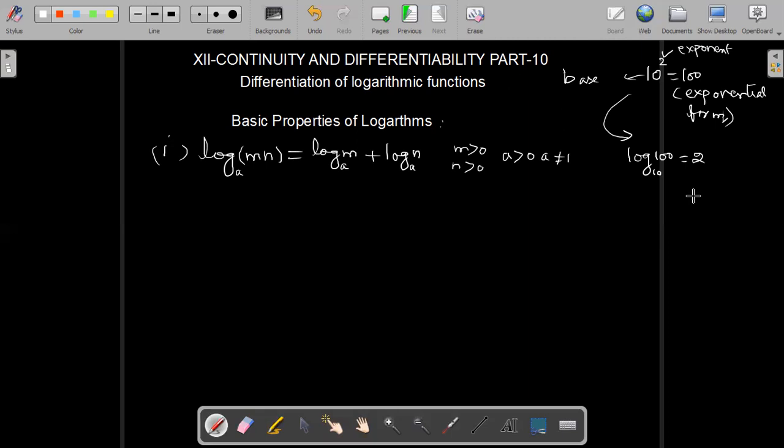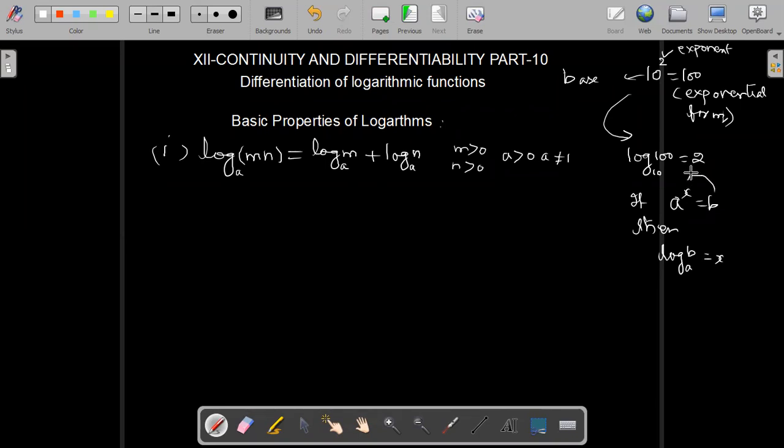So this shows that if the base is 10, log 100 will be 2, log 1000 will be 3. So this is the basic definition. If you write in general, if a to the power x is equal to b, then the definition of the log is that log b to the base a is equal to x.